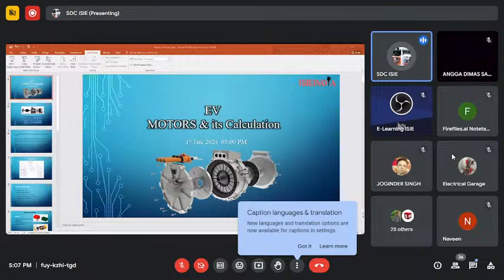So what are the main types of motor? There are different types of motor. In electric motors, mainly there are DC motors, AC motors, and other motors, which we also call special motors. In DC, we have the DC shunt motor.